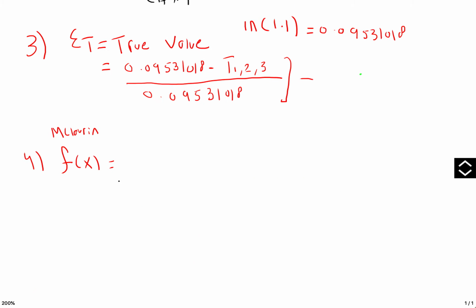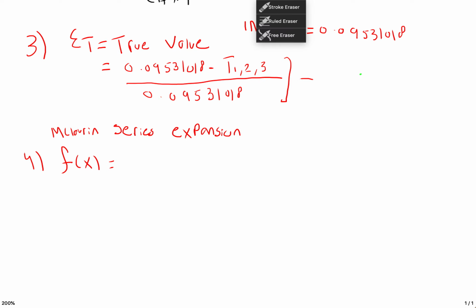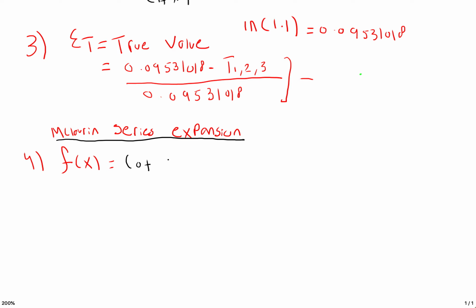Actually, let's write out the Maclaurin series expansion. It is going to be very useful for us to understand what we're doing and where we want to get to. So f at x is equal to c0 plus c1x plus c2x squared.